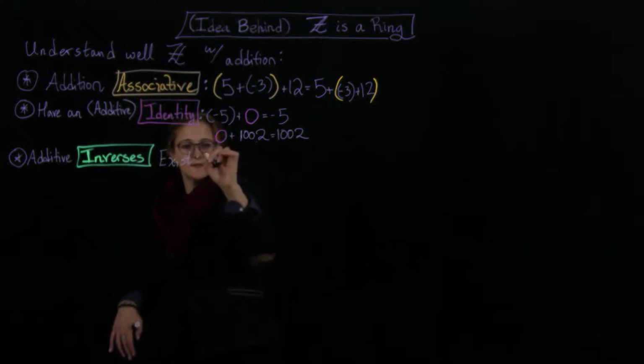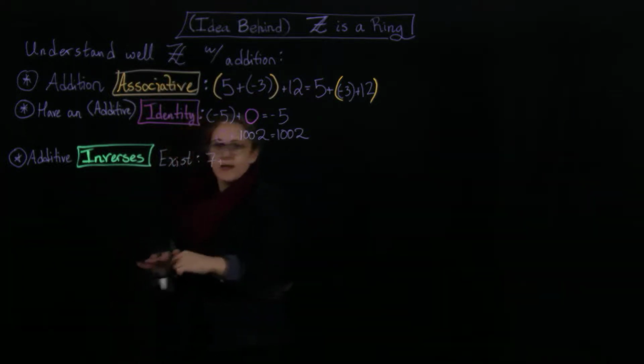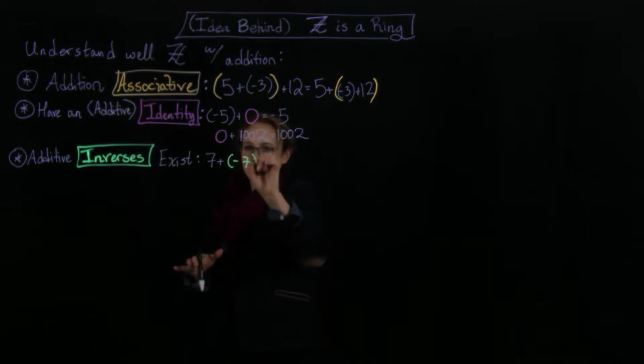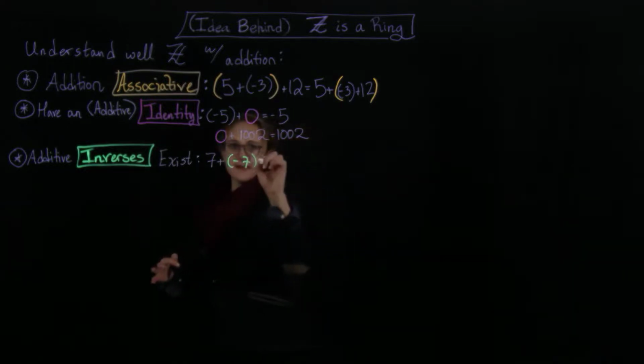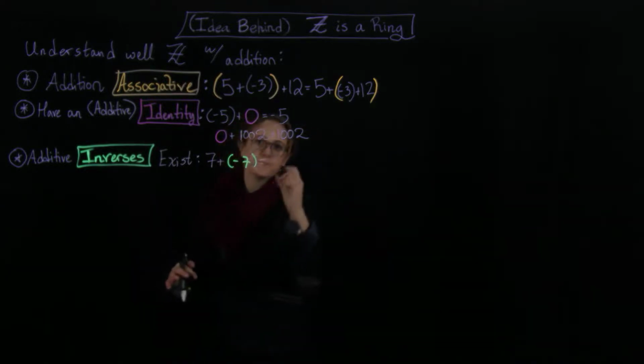If I take 7 and add -7, I get out my additive identity, the same do-nothing element.